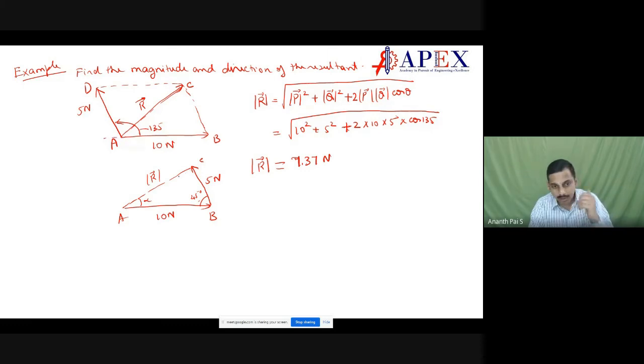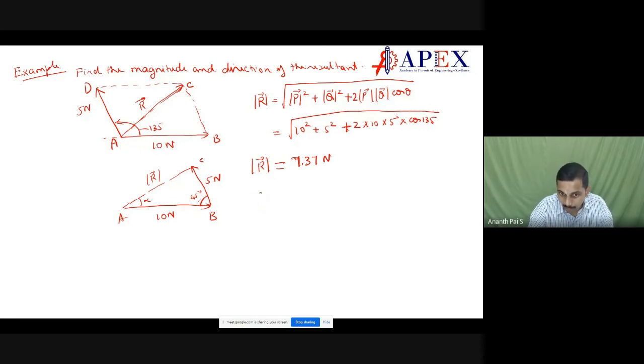Correct? So now here also we can put the PQ rule, but one of the main things here is, in case of triangle law, R will change. Okay, this is parallelogram law.